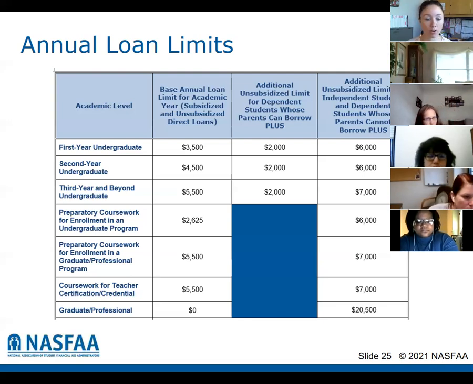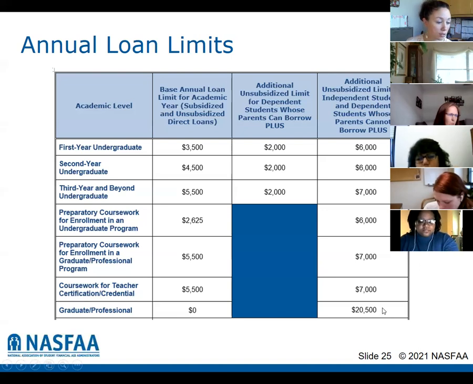Prior to 2012, grad students got the first 8,500 subsidized, and then the rest was unsub, but they changed that. So all the way to the right column is the total amount. A grad professional student can have up to $20,500 per academic year of unsubsidized Stafford loan.